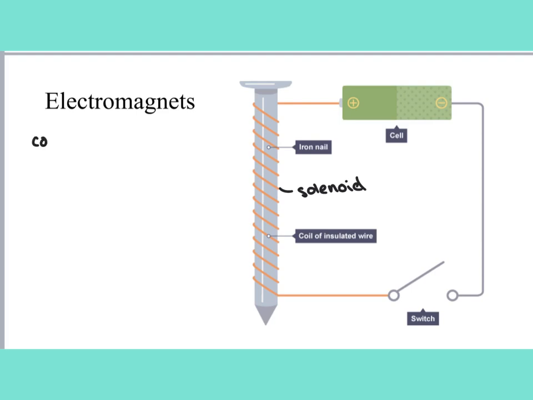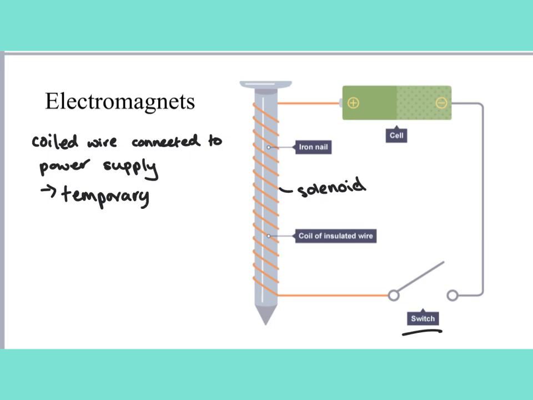So an electromagnet is made up of a coiled wire connected to a power supply. The electromagnet only works when the switch is turned on, and this means that electromagnets are temporary magnets.